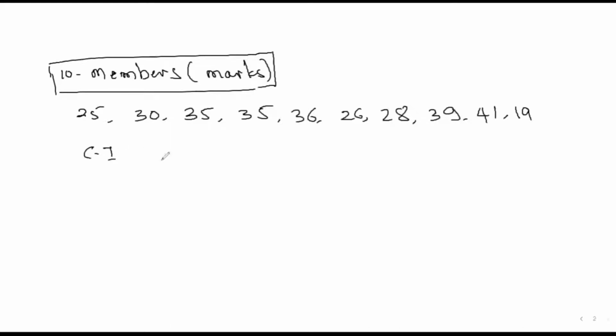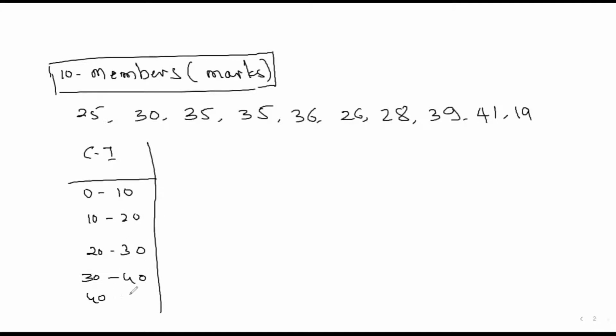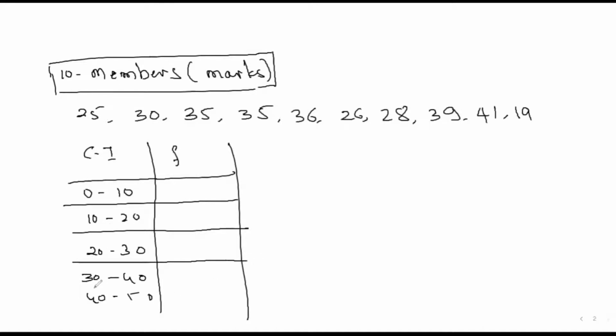Suppose I make class intervals: 0 to 10, 10 to 20, 20 to 30, 30 to 40, 40 to 50 marks. Frequencies are how many members come under each interval. 0 to 10, no one. 10 to 20, only one, that is the 10th observation.